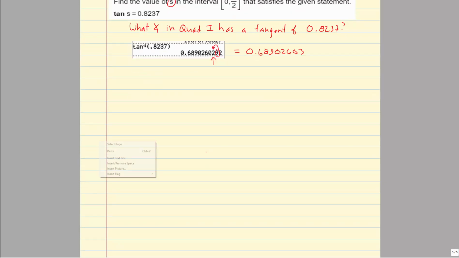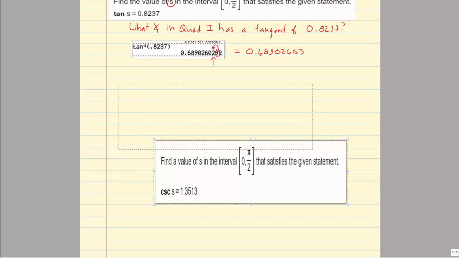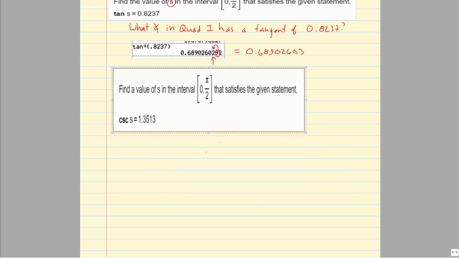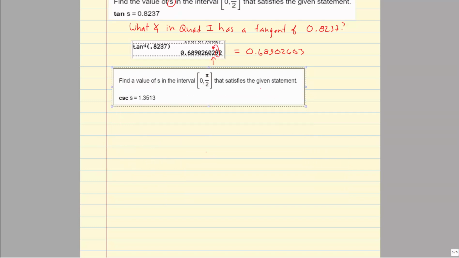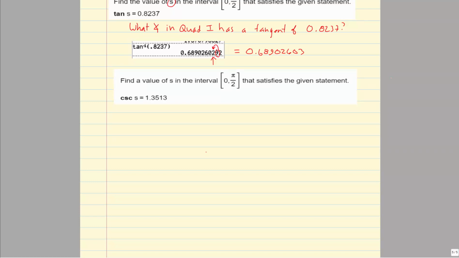Let's do another one of these that has not one of the standard sine, cosine, tangent functions, but has one of the reciprocal functions, in this place cosecant. So how would we use our calculators for this? Well, let's ask what the question is first. It says find a value of s in the interval. So s, remember, is the same as theta, and we're working in radians because I'm using that value. 0 to pi over 2 means I'm in quadrant 1.